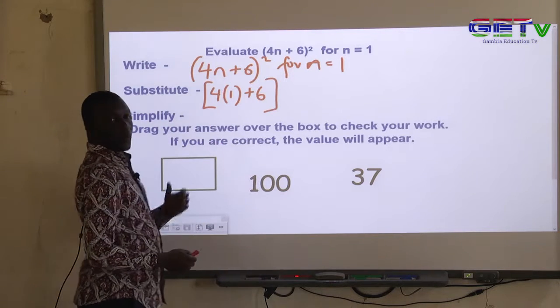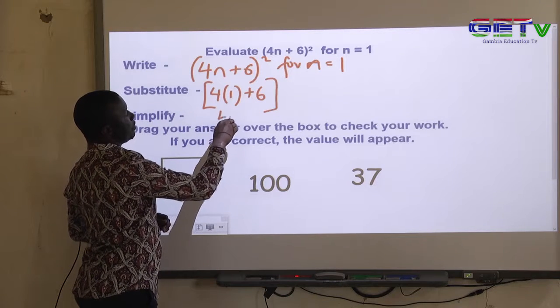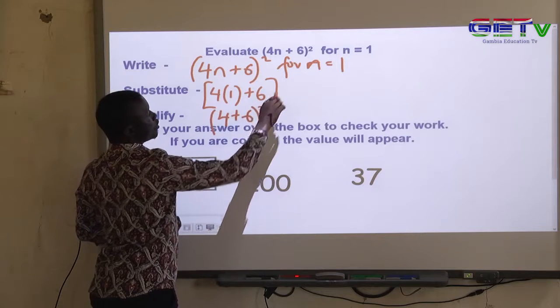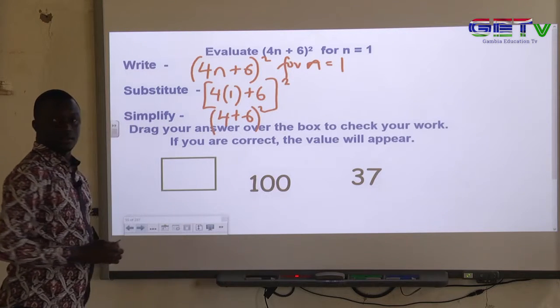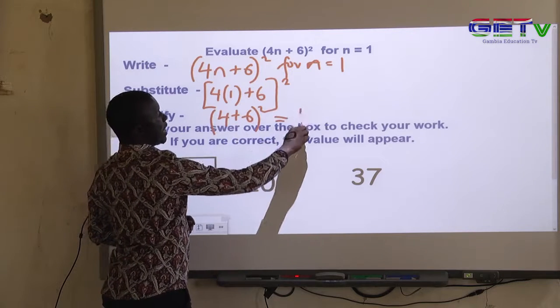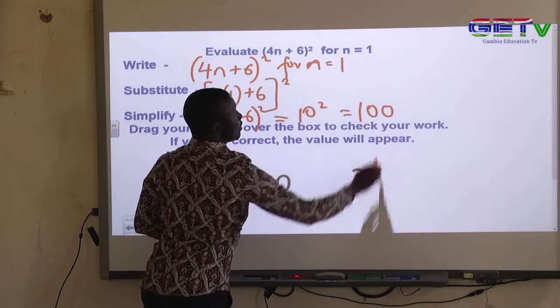Then our third step, we simplify. We say 4 times 1, which is 4, plus 6, all squared. So 4 plus 6 is 10, and 10 squared is 10 times 10, which is 100.